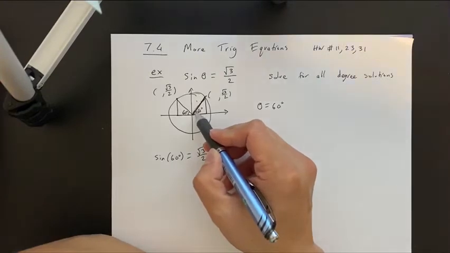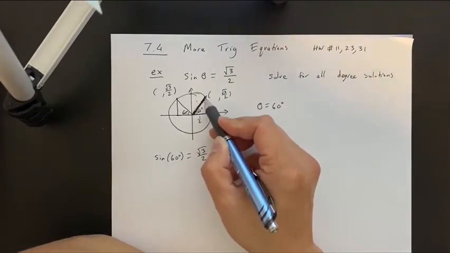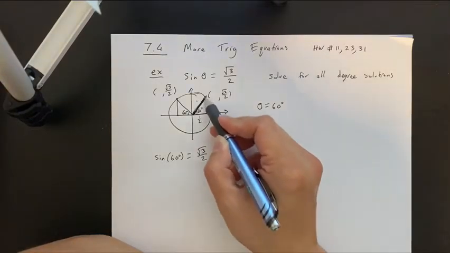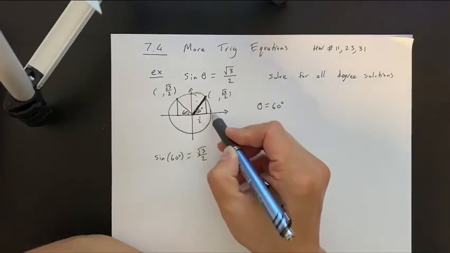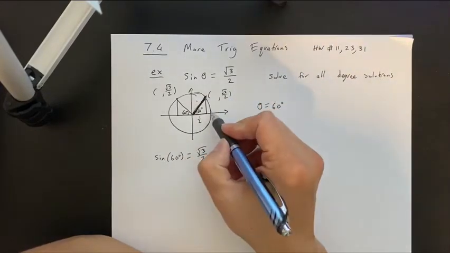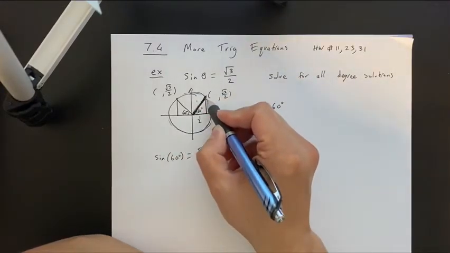Is 60 degrees the only way to get to this position? And the answer is no. Instead of going 60 degrees only, maybe I can go 60 degrees and another 360. Or you can think of this as 360 and then go another additional 60 degrees.